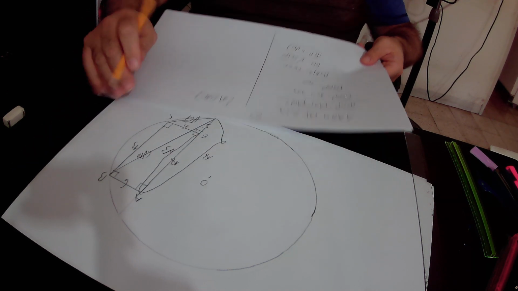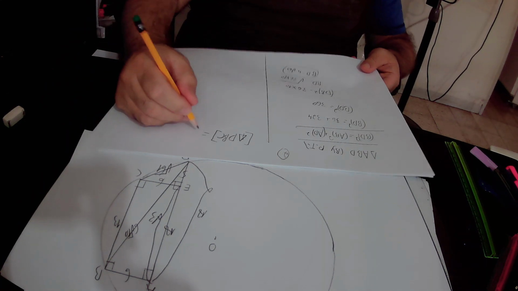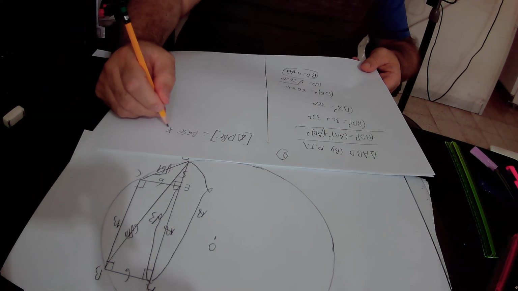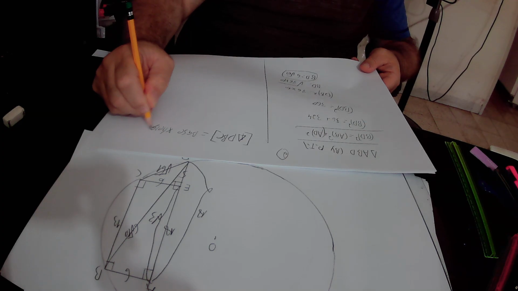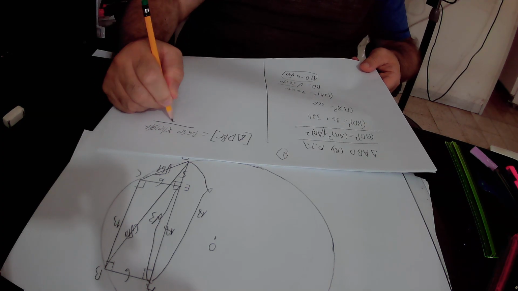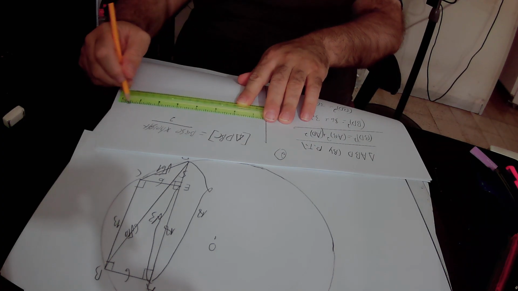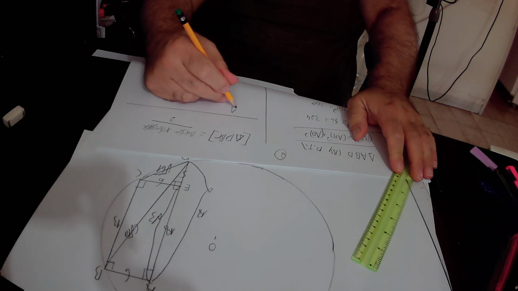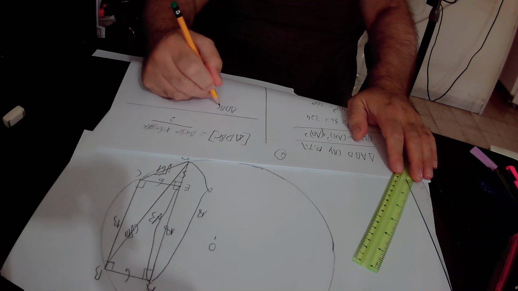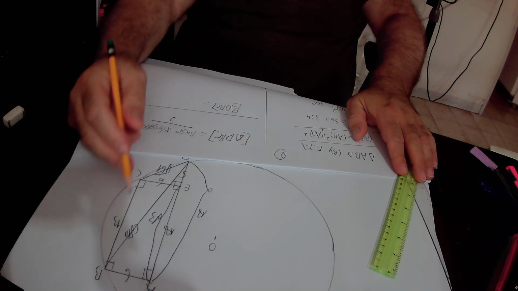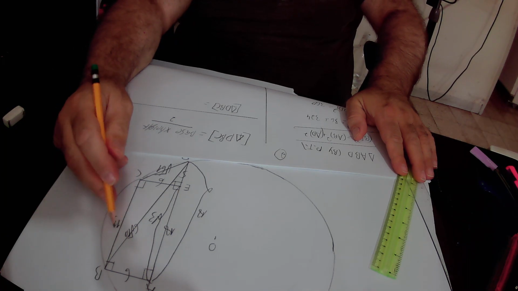The area of any triangle equals the base of the triangle times the height to the base over 2. So the area of triangle DBC equals the base. We'll choose the base as BC.